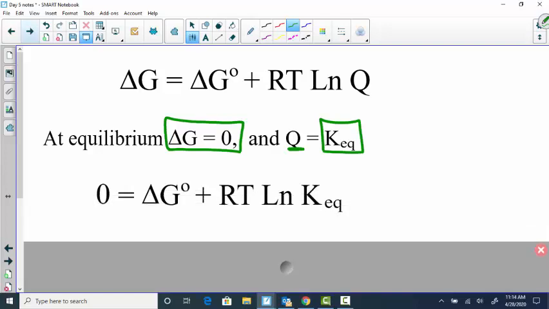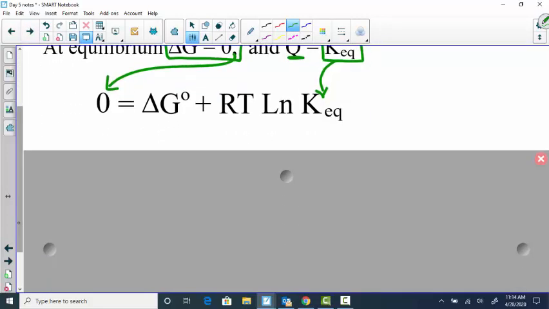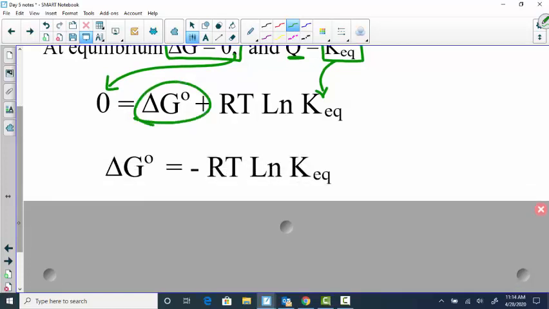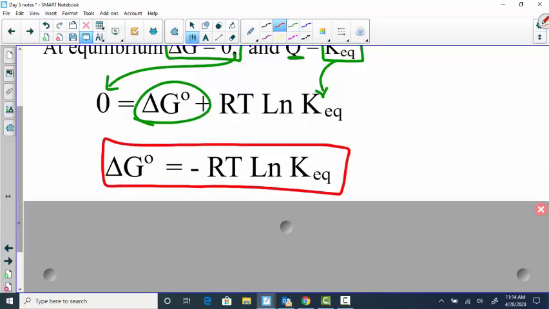So substituting those into the equation, delta G is 0, and Q is KEQ, then we get this equation. And if we resolve this equation for free energy, then free energy is equal to minus RT times the natural log of KEQ. This then becomes our second notebook-worthy equation, so you should put that on your AP Chem equation sheet.